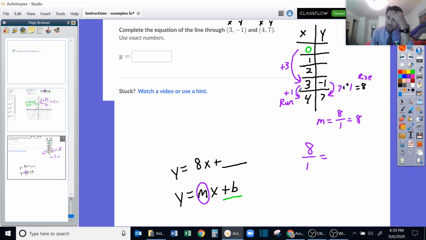Instead of a jump of just 1, how big is that rise if my run is 3? Then I look at this and go, oh man, that's a proportion.